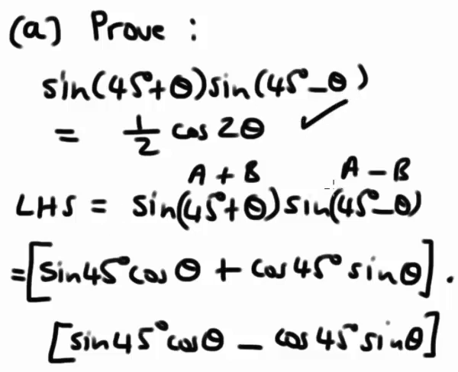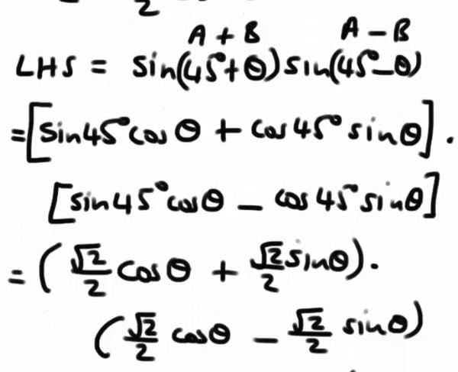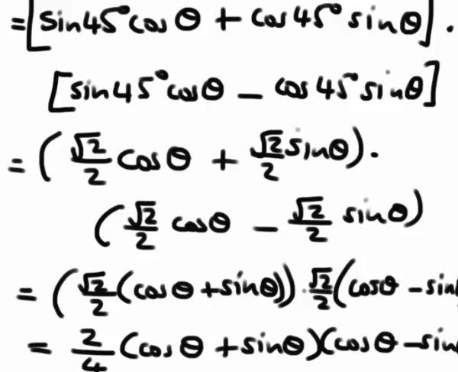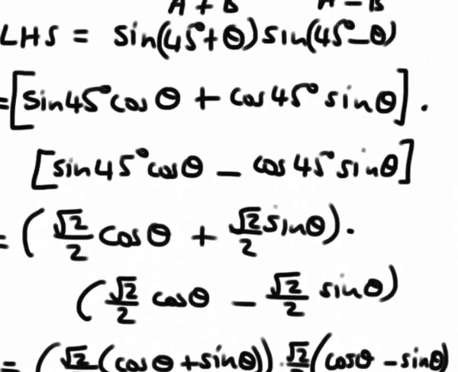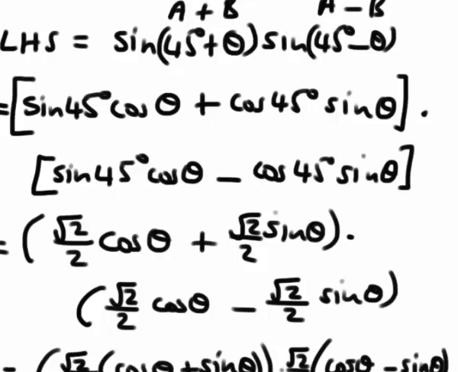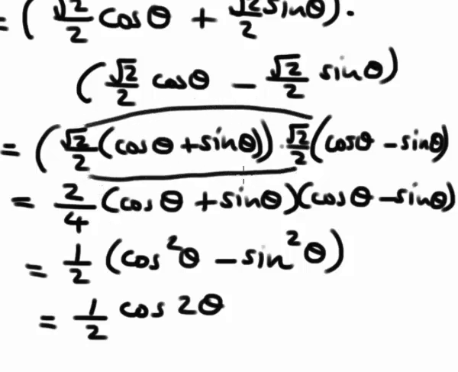So expand those sine A plus B formulas, or 45 plus theta, 45 minus theta, then do that whole thing, and look what it does. Then you use your special angles. They love that. Then you simply take out the common factor, quite easy to do, multiply those, expand that out, and you're left with cos squared minus sine squared, which is cos 2 theta.